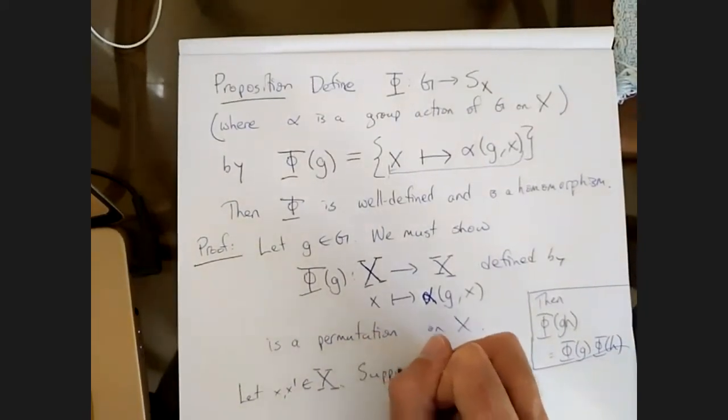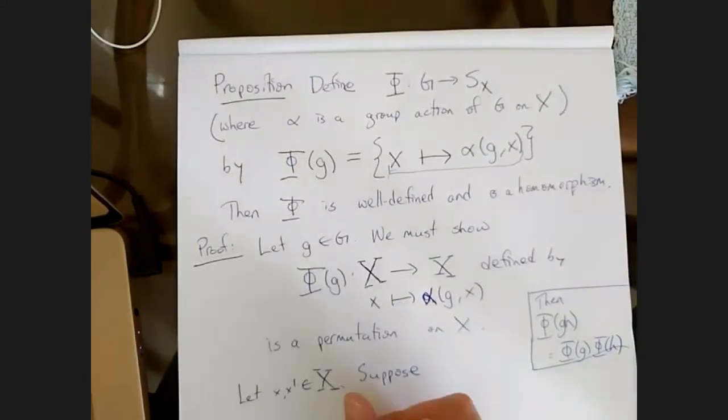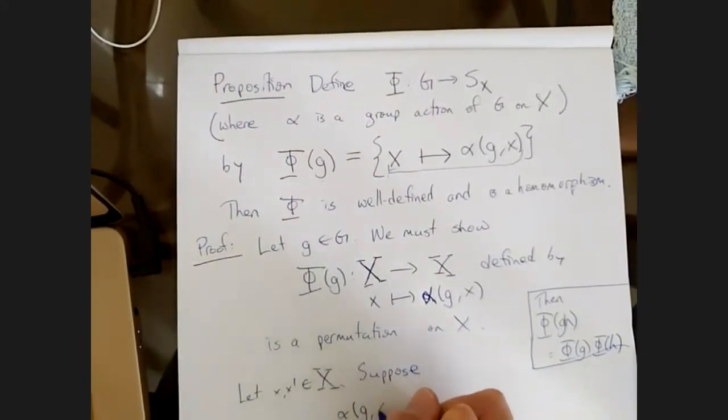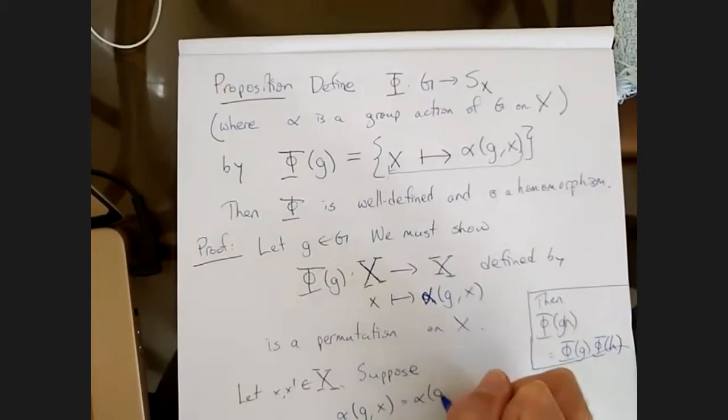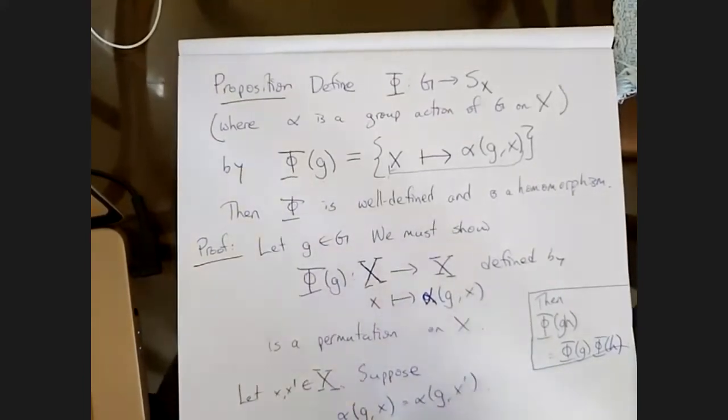So let's suppose that alpha g x equals alpha g x prime. We have to show that x equals x prime. Well, just let g inverse act on both sides.